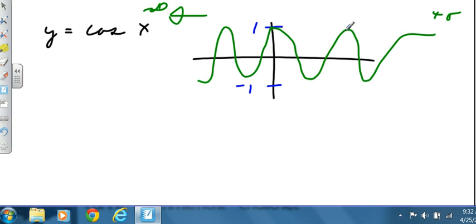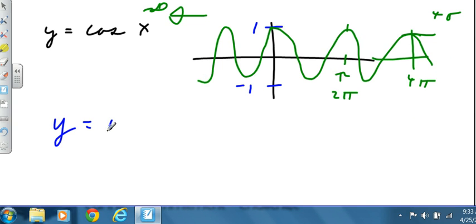And I repeat myself at my period, which is 2 pi. So every 2 pi, I again end up repeating myself. So there I am at 4 pi now, even though it doesn't look like it because my drawing is pretty bad.